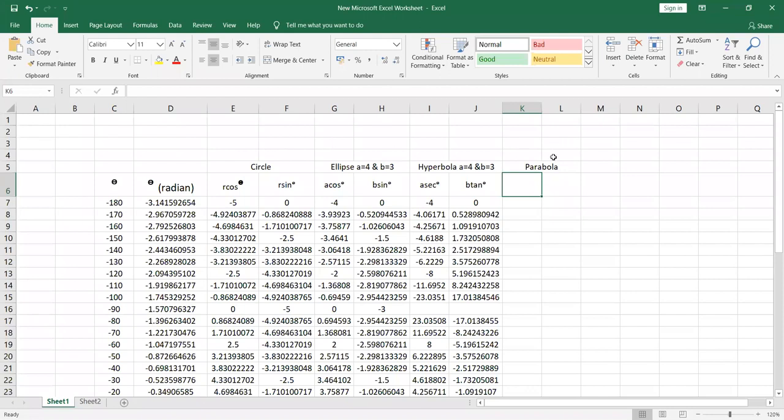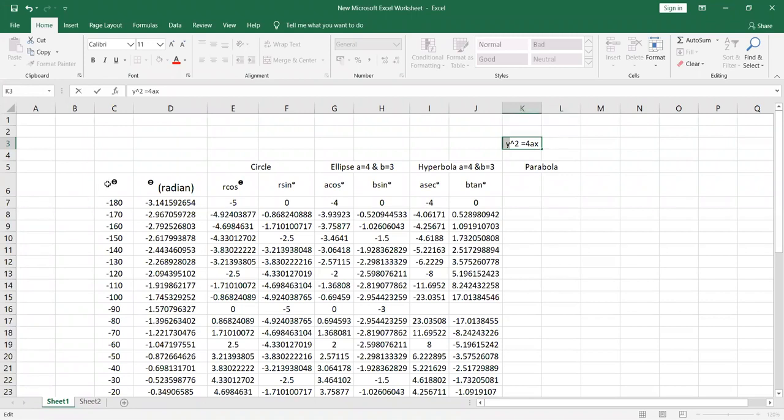So let me write that value here. For parabola, the value is y square is equal to 4ax. So in this case, y represents the value along y-axis and x represents the value along x-axis.